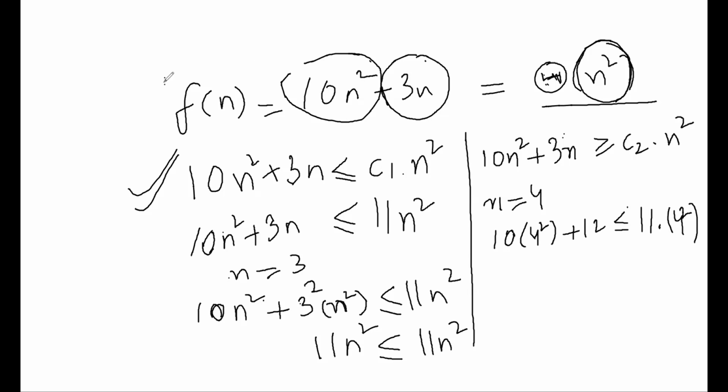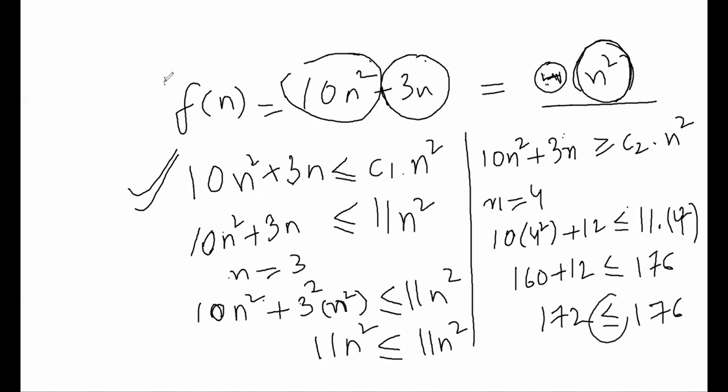I'll just calculate this value. 160 plus 12, and 16 into 11 is 176. So 172 is less than or equal to 176. Right? So again, your equation holds true if your C1 is 11.